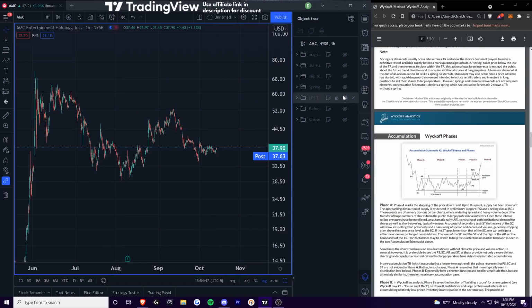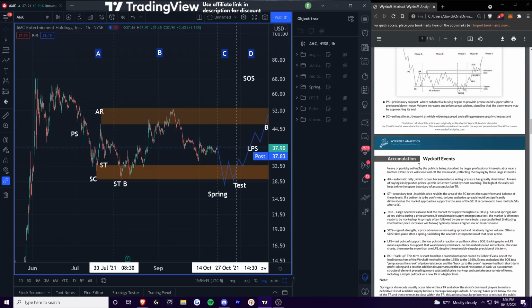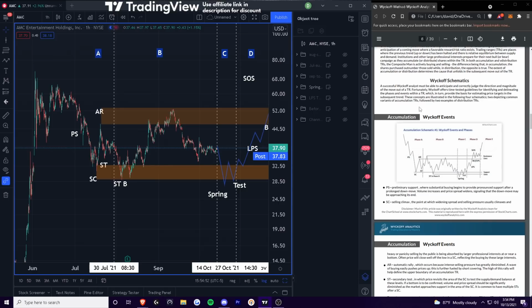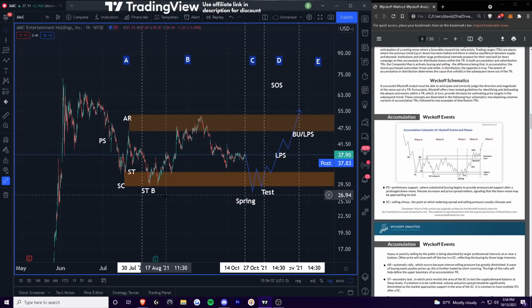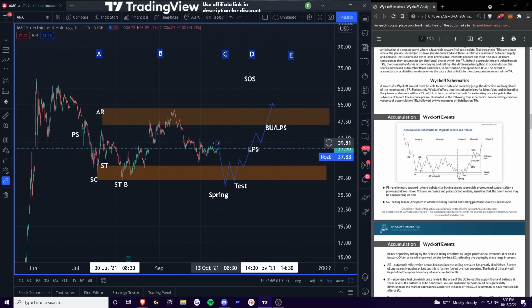The other theory that I had is the spring theory, and this would be the schematic 1 that you see here on the right. And this one would still require that we have a big sell-off, and that this big sell-off back here on August 4th when we went down to $29, $28 was actually the sell test in phase B. See how we go up to the top of the trading range in phase B. We come back down, we get close to the bottom of the trading range, and then we kind of go sideways, just like you do in the schematic here.